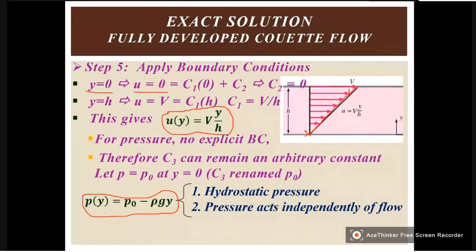The pressure at any point above will be less than the pressure at the bottom point by a value equal to the product of rho G and Y. So this is nothing but gamma Y. The pressure acts independently of the flow.